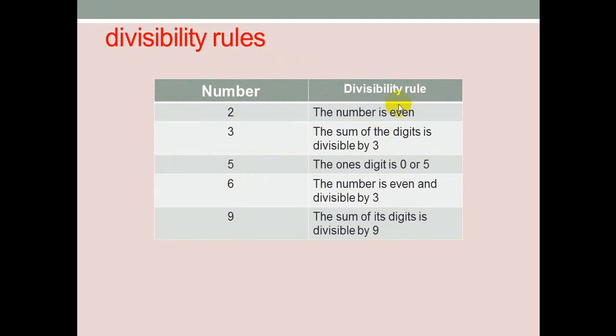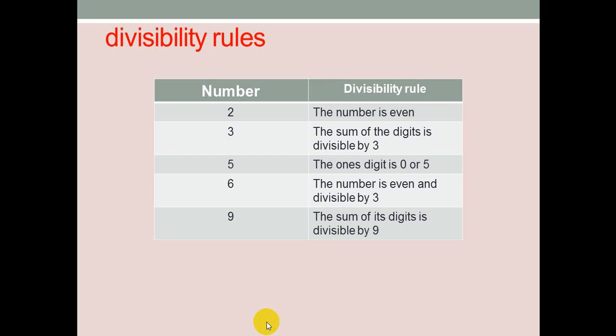A number is divisible by 3 if the sum of its digits is divisible by 3. If the ones digit is 0 or 5, this number is divisible by 5. We look at the ones digit.